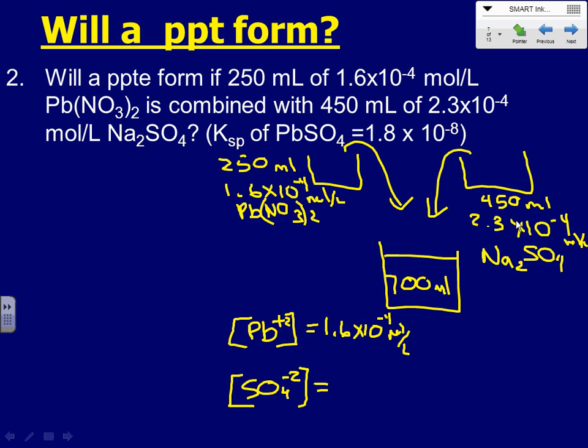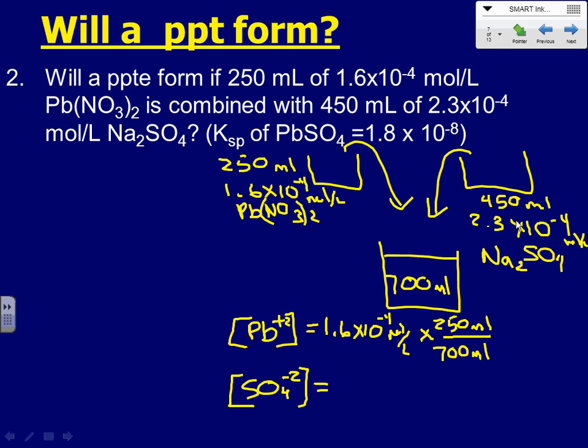I'm now going to create a dilution conversion factor, a fraction that has the original volume over the final volume, with the final volume being larger when you're dumping it together, so the number on the bottom is larger: 250 milliliters over 700 milliliters. The one on the bottom being larger, thus diluting it. So your first step in figuring out the concentration of your ions is the dilution factor.